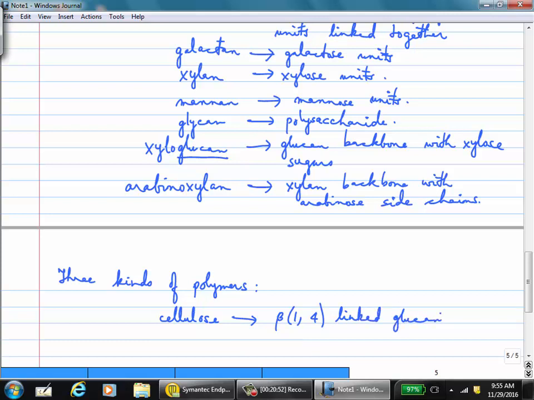Again, glucan is basically glucose units linked together. Beta is telling you it is some kind of an optical isomer. 1,4 means carbon 1 is connected to carbon 4 of the next one. I'm just trying to explain the terminology. We don't need to know the details, but it's a beta 1,4 linked glucan. It is insoluble in water, and it has a high tensile strength.